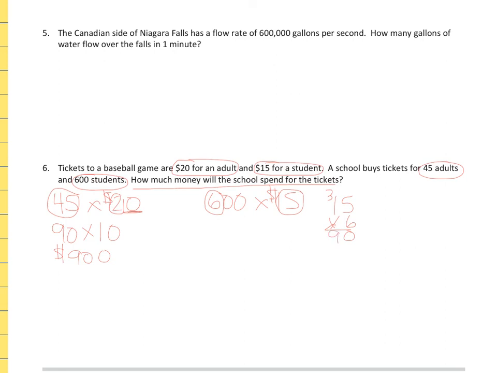So we have 90, and then we have to figure out what number represents those two zeros in 600. That's going to be 100. So we have 90 hundreds. We're going to write 90 with 2 zeros at the end. So that's $9,000 for the students.